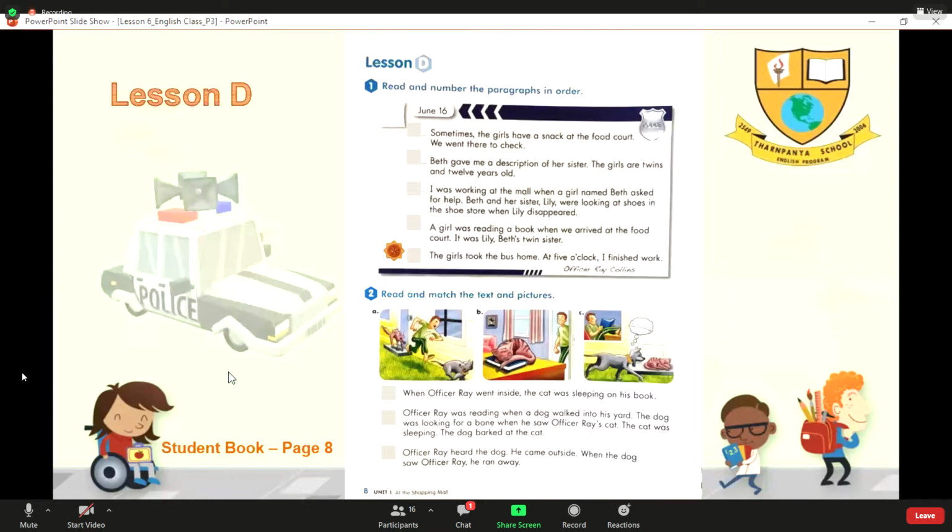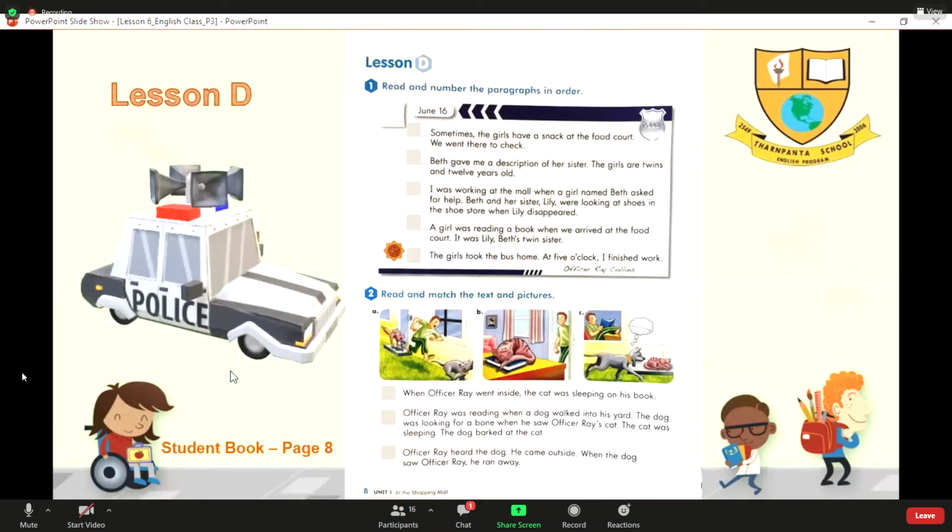By now, let's take a look at the first story we have over here. What we need to do now is to order this paragraph. You need to number and order the paragraph in the right order. So what I want you to do is to listen to the story.